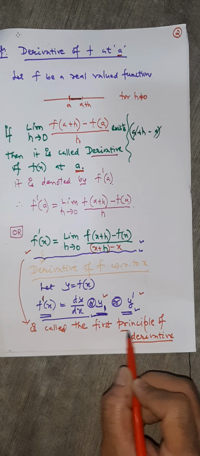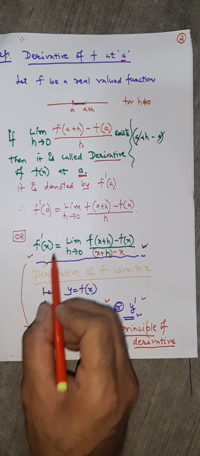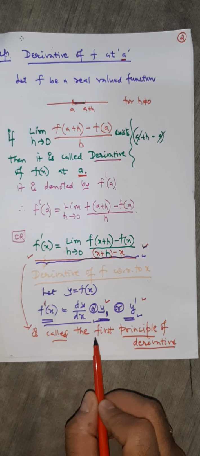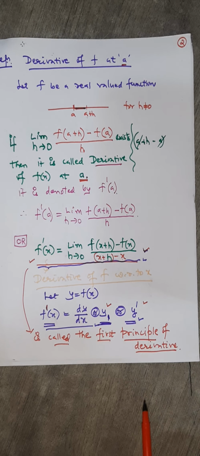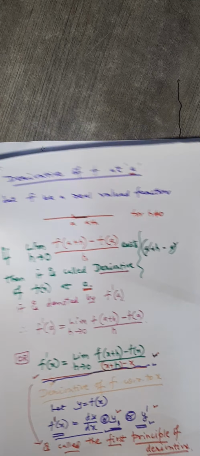First principle means by this definition. There are some other ways also. So by this limit definition, whether it is this or this, it's called the first principle of the derivative. Okay, so now with this we'll see some basic examples about derivative of a function.